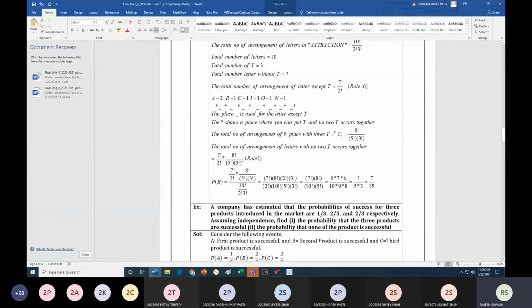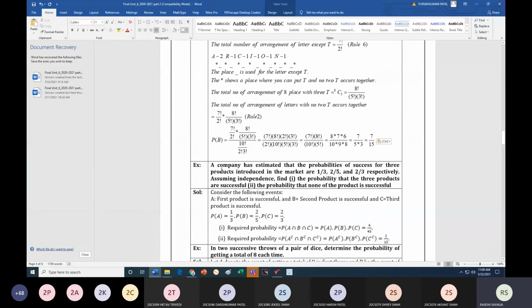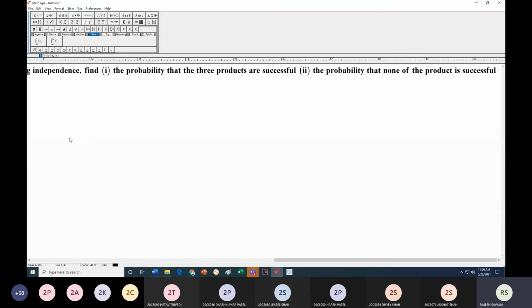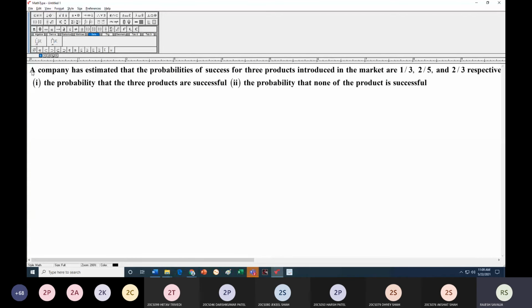Last example of today's session. A company has estimated the probability of success of 3 products introduced in the market as 1 by 3, 2 by 5 and 2 by 3.